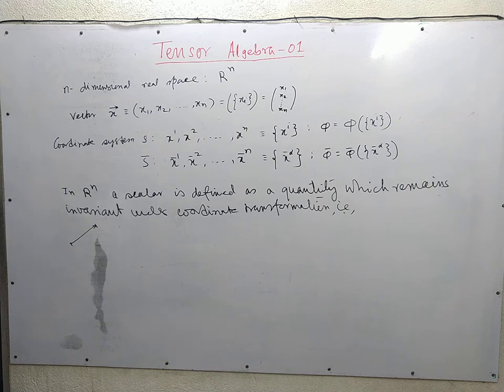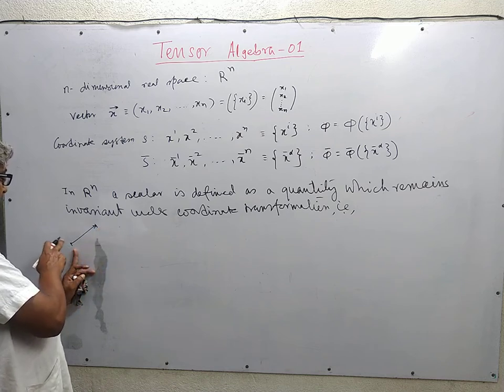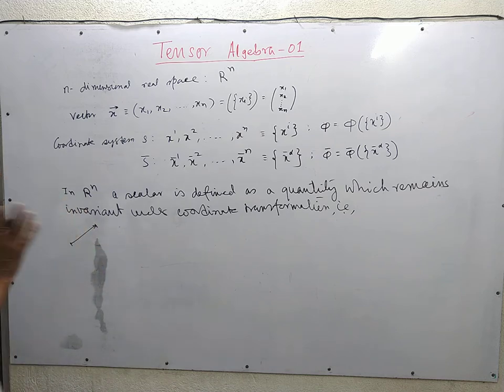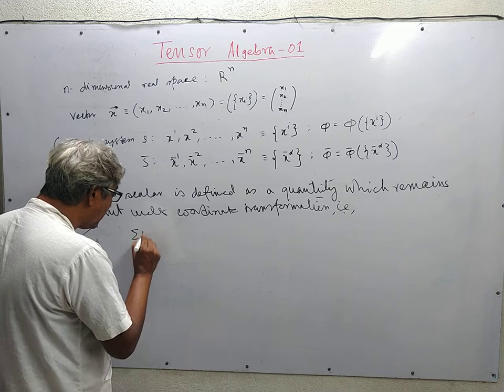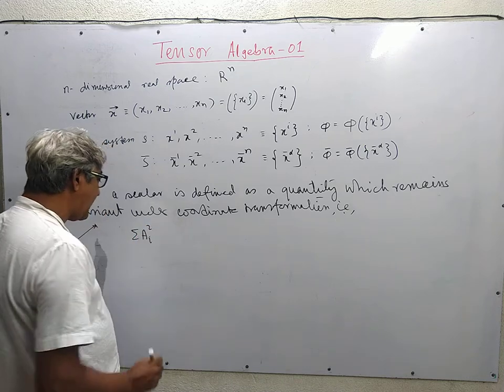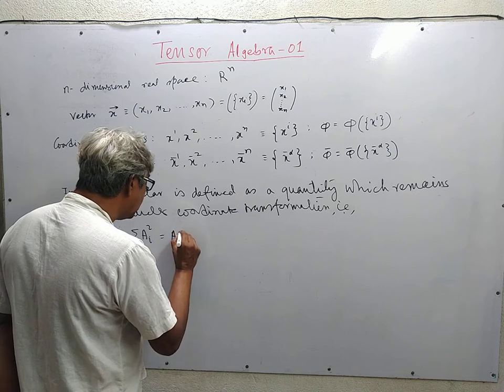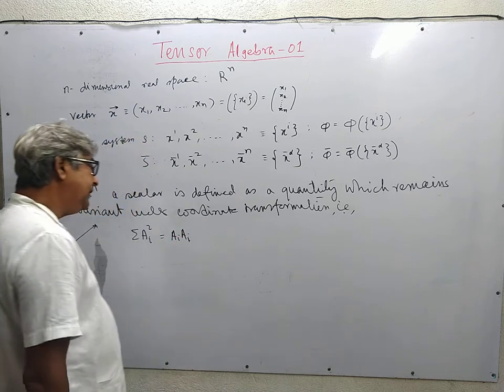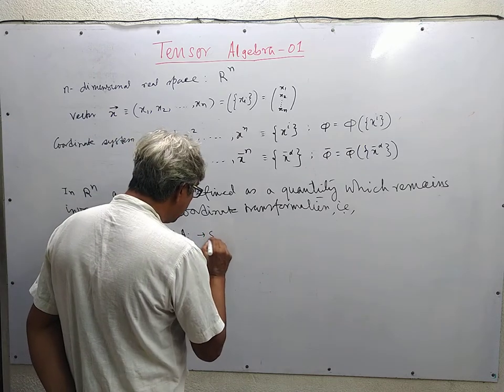Whichever coordinate system we use, the length of the line segment starting from here to there is the same in any coordinate system. That is to say that the summation over A_i squared, in Einstein's notation, it is A_i A_i, is a scalar.